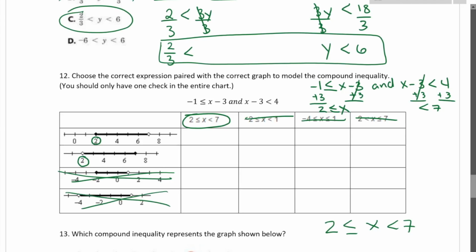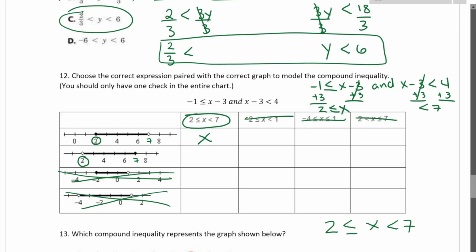All right. So now let's look at 7. If 7 matches, well, yeah, that would be 7 right here, and this would be 7 right here. Notice the only difference between these two problems is one of them is closed, one of them is open. This one has closed, open. So is 2 supposed to be closed? Yes, it is. Therefore, this is your answer, because 2 is open on this one.